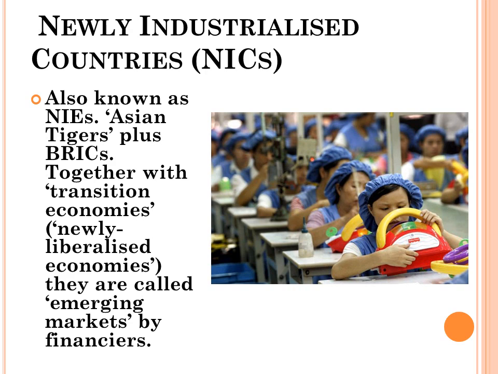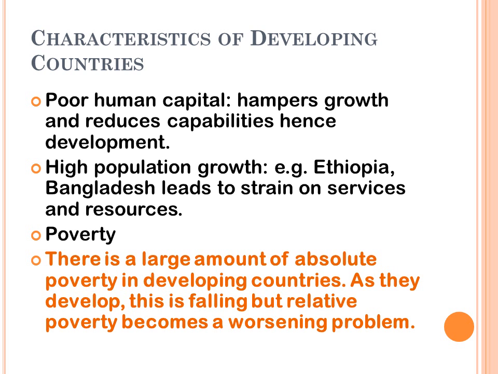Newly industrialized countries are often considered the Asian tigers, as well as the transition economies, the ones that have moved from communism to capitalism and are now growing very fast, joining the world of capitalist trade. Clearly the big story of the last 30 years is the bringing of the communist world and the hermit kingdoms of the East into the global trading system, global capitalism, and with that very fast rates of growth.